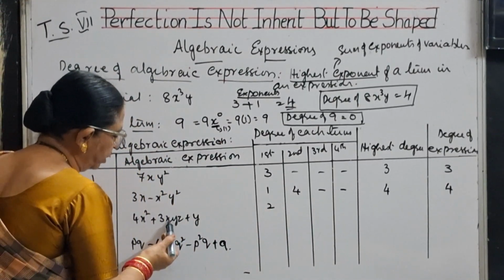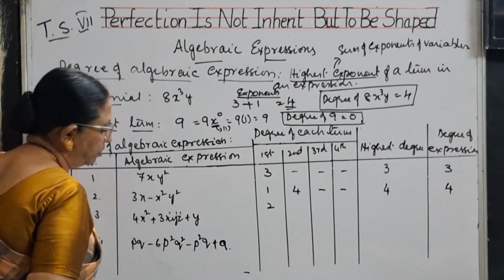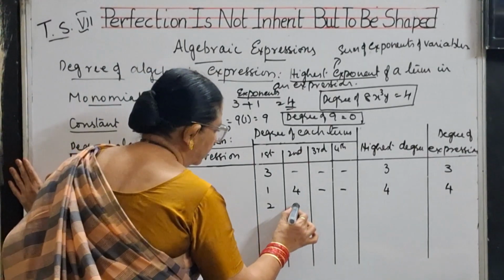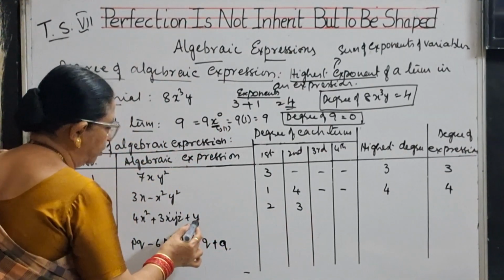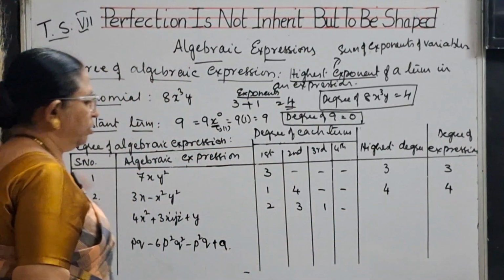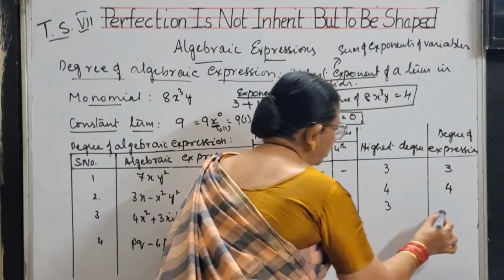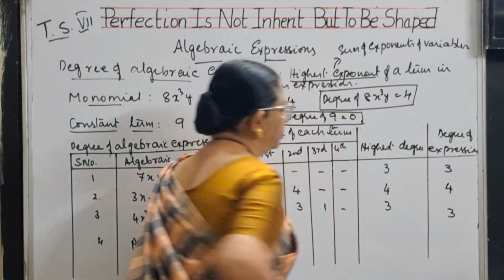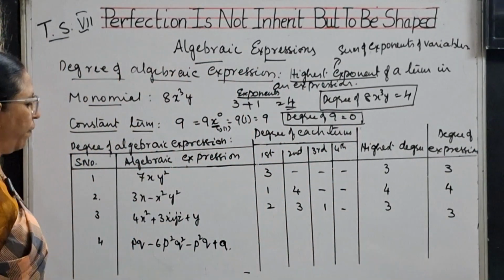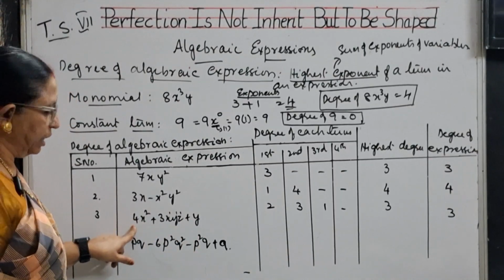Second term, 1, 2, 3. Nothing means powers 1, children. So 3. Third one, 1. Fourth term is not there. So out of these 3, 3 is the highest one. So degree of this expression is 3.